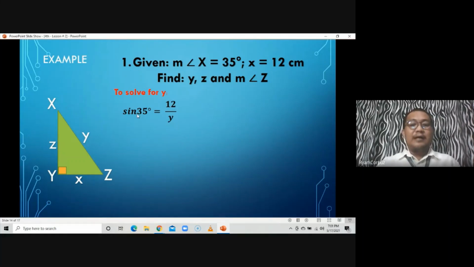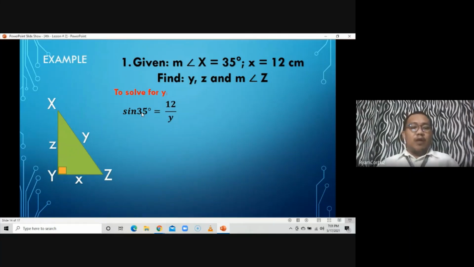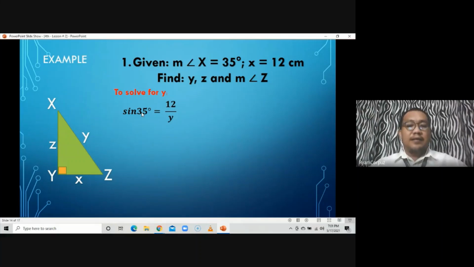So sine 35 degrees is equal to 12 over y.